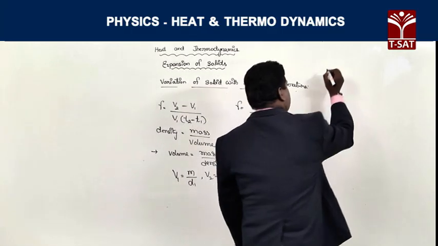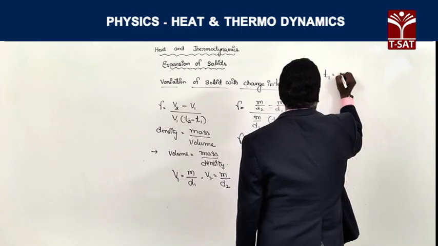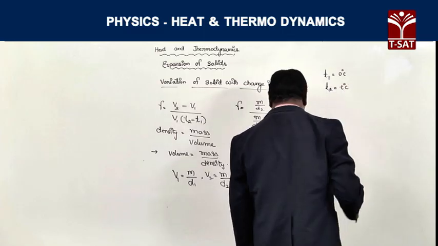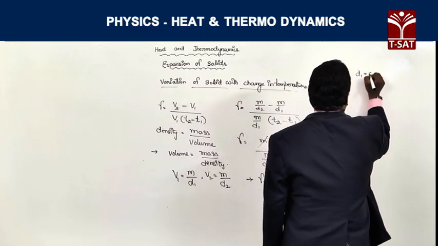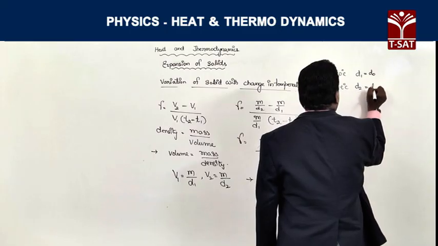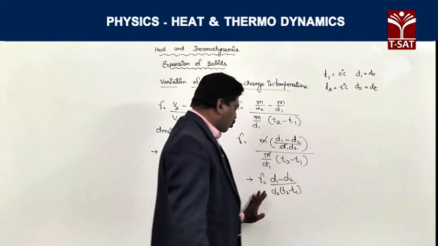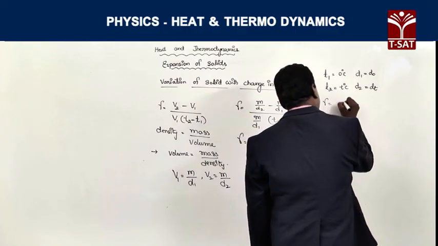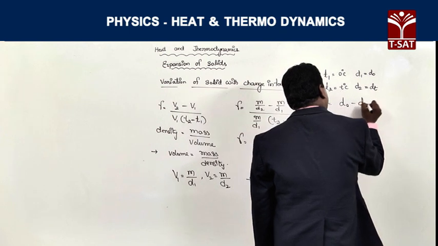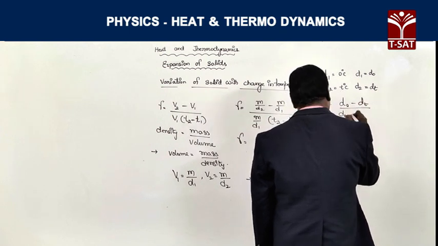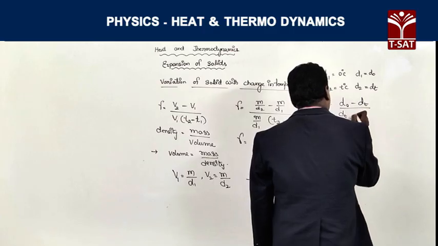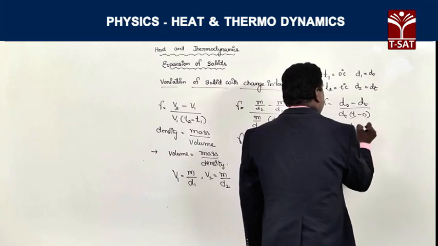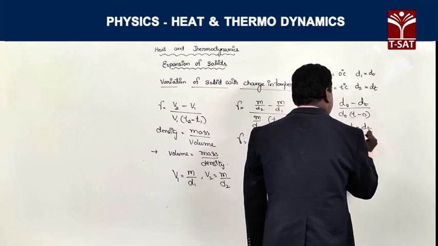Now, let us say that T1 equals 0 degrees Celsius, T2 equals T degrees Celsius, then d1 becomes d0, d2 becomes dt. On substituting those values in this formula, we have gamma equals (d0 minus dt) by dt into (t minus 0), from which we have gamma equals (d0 minus dt) by dt into t.